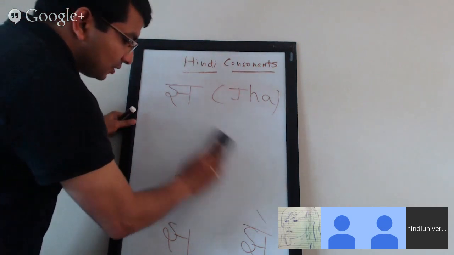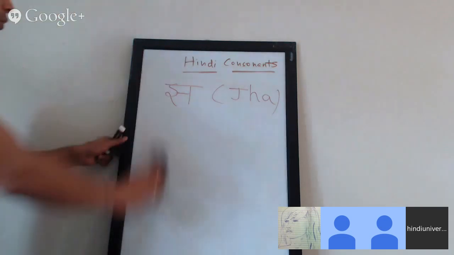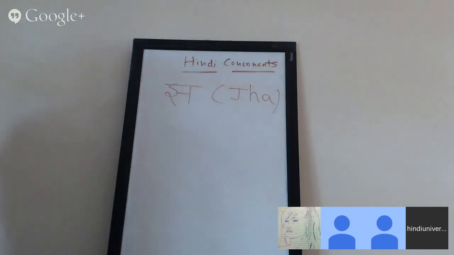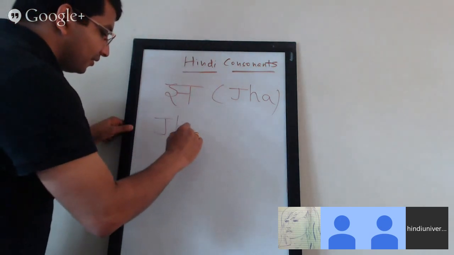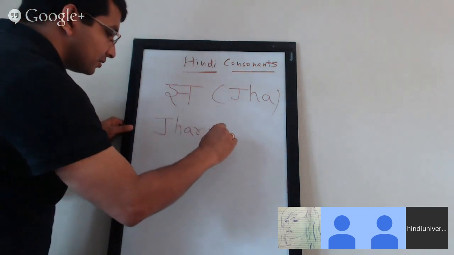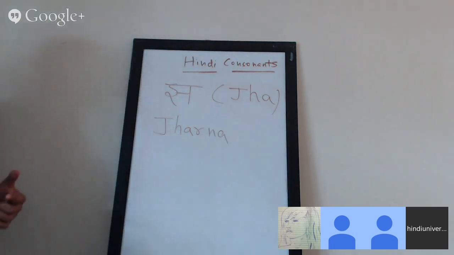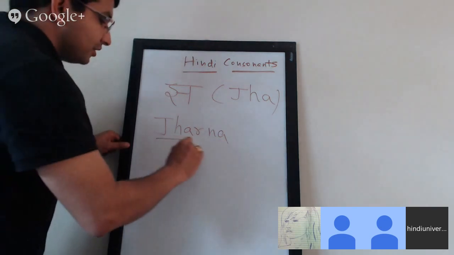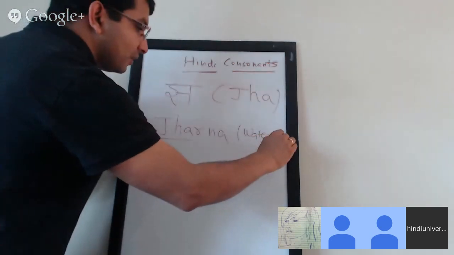So now let's look at this sound. What are some of the examples of this sound? If you remember waterfall, the word in Hindi for waterfall is jharna. Jharna. It's basically waterfall.